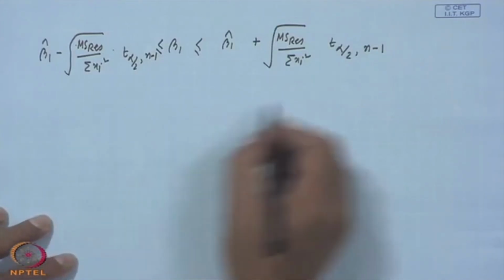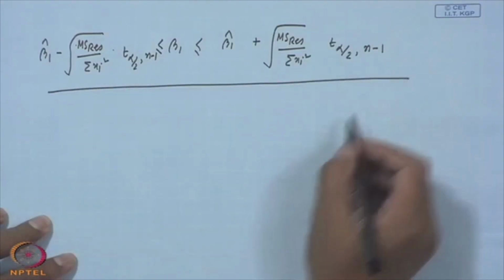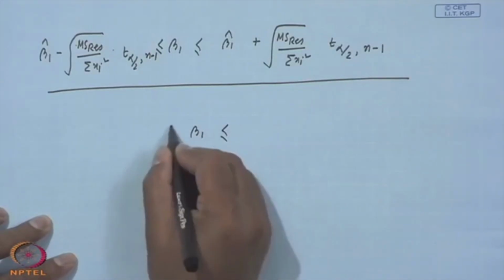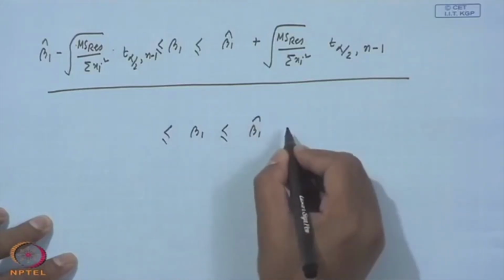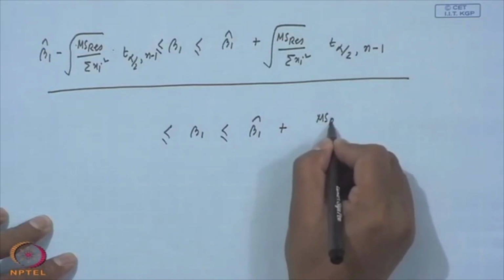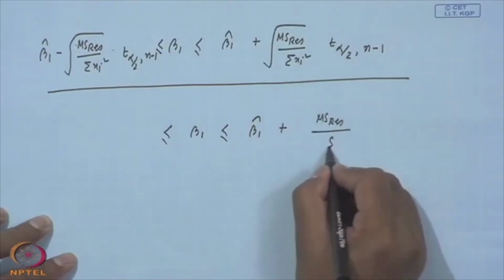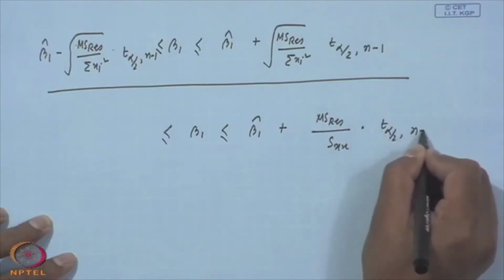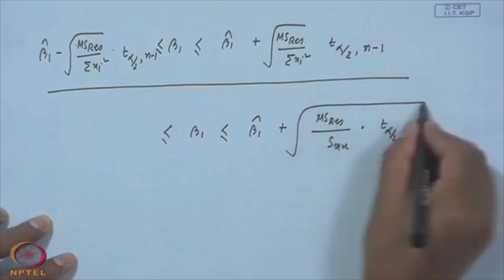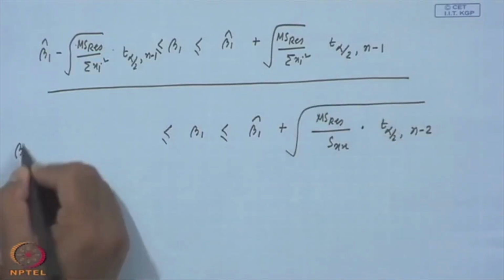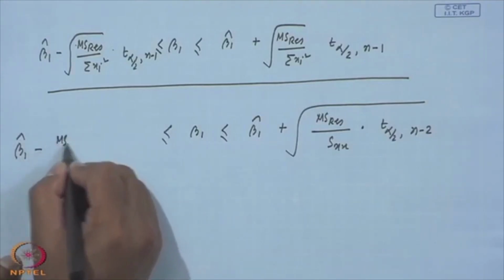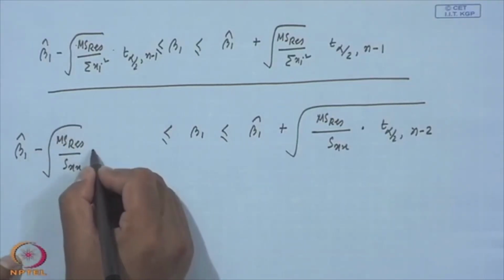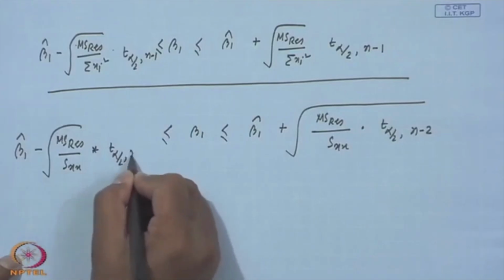Now, what happened in the usual case when both beta naught and beta 1 are unknown, we get this confidence interval for beta 1. There we get it is beta 1 hat plus M S residual, by here you will get S x x, into T alpha by 2, and the degree of freedom is n minus 2. So, this is the upper limit, and the lower limit is similarly beta 1 hat minus M S residual by S x x into T alpha by 2 n minus 2.